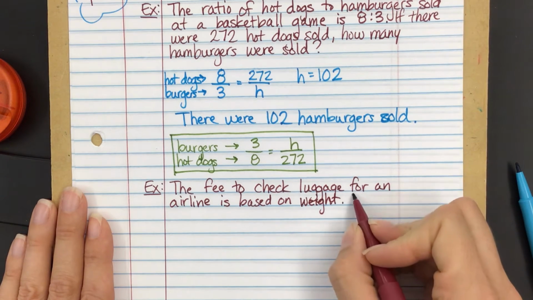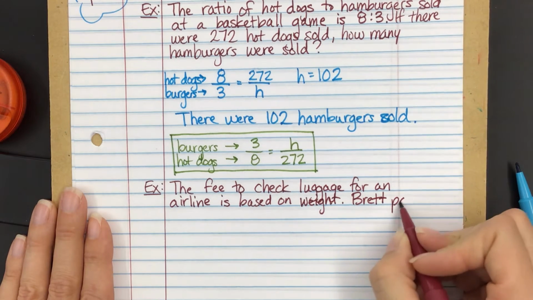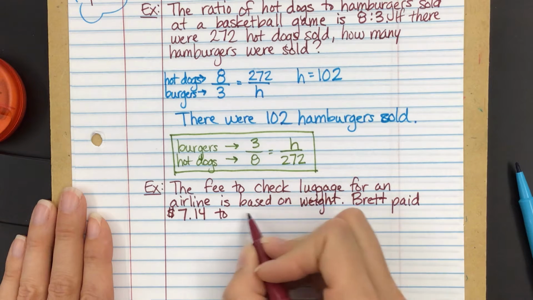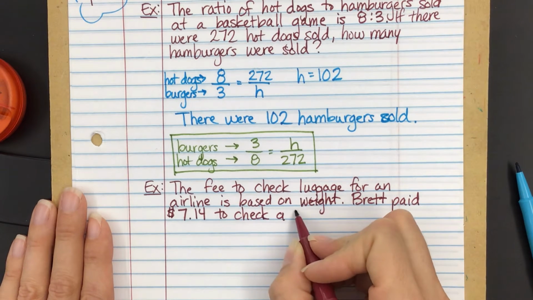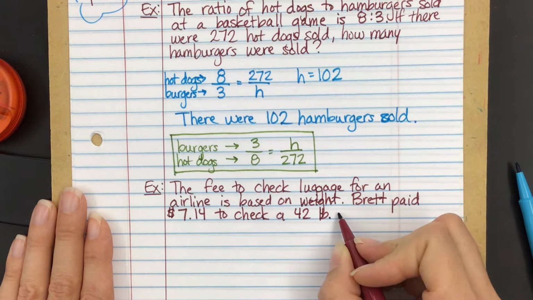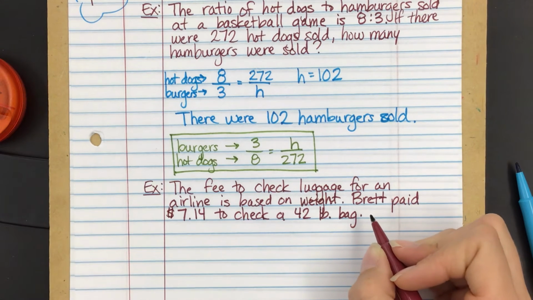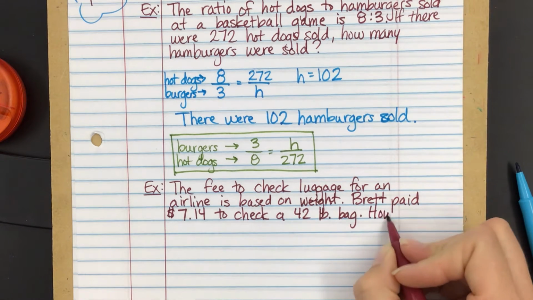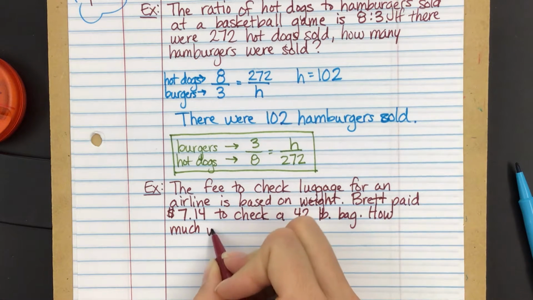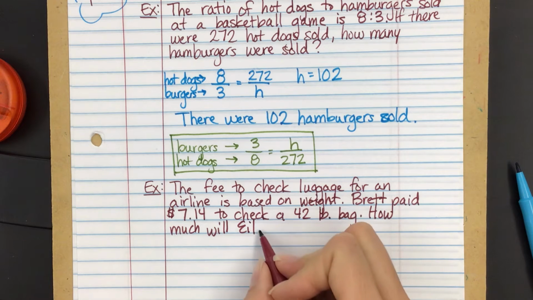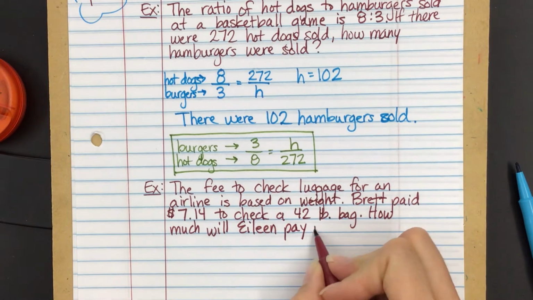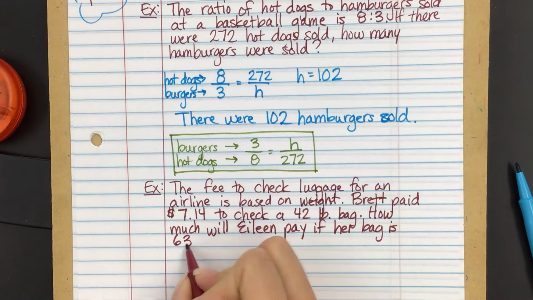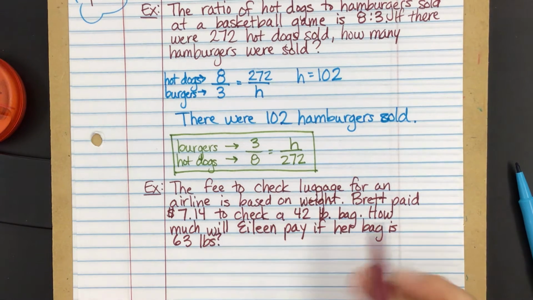Okay, and then if Brett paid $7.14 to check a 42-pound bag, how much will Eileen pay if her bag is 63 pounds?